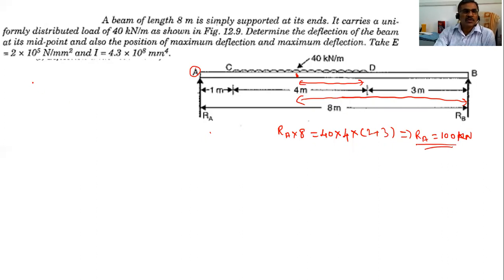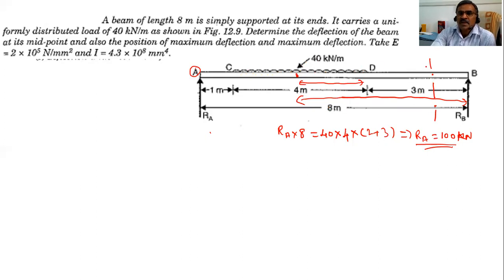So now you write the equation in the differential equation for deflection, you substitute the value of moment. So now we are taking the axis here. In this problem, the uniformly distributed load is applied only on some portion.